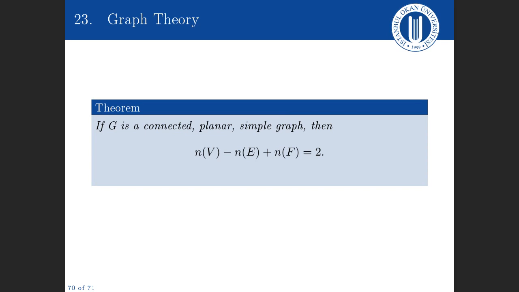And if we know that that is true for connected planar simple graphs, then we also know that's true for polyhedra without holes. Every polyhedron which does not have a hole in it has Euler's formula equal to 2.